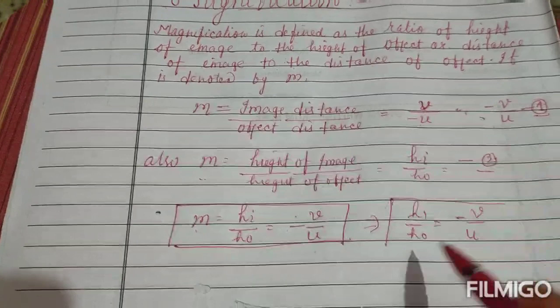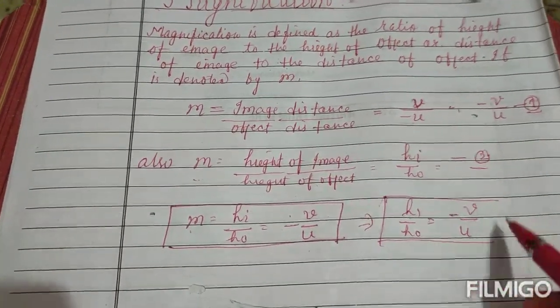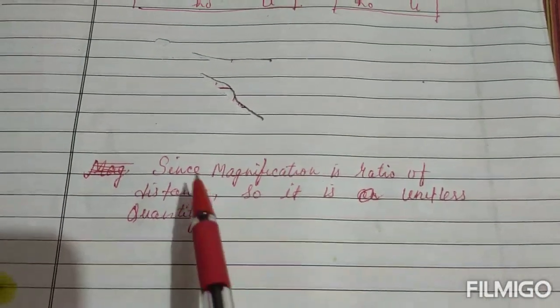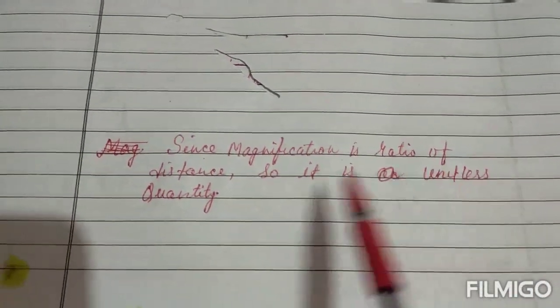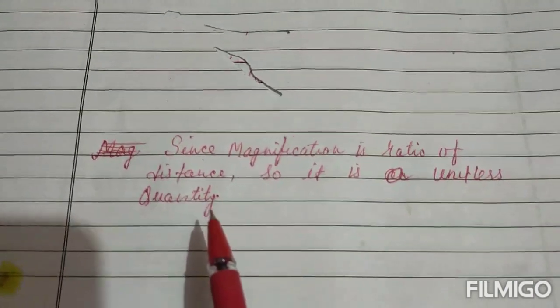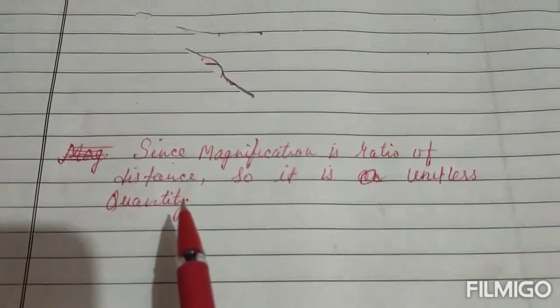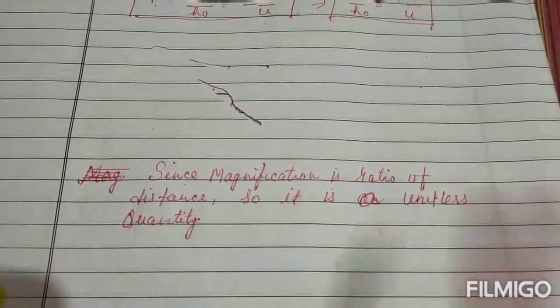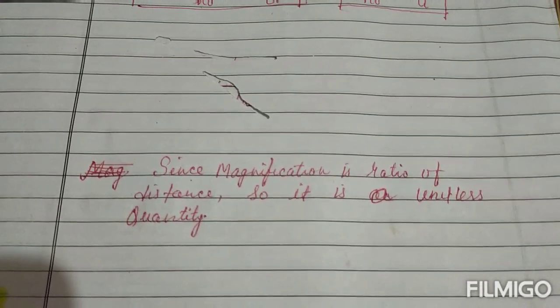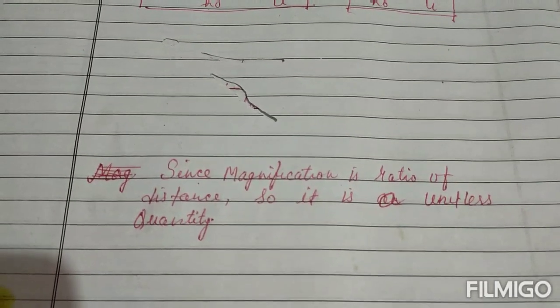This relation is very important for solving numericals. Now, since magnification is a ratio of distances, it is a unitless quantity. Sometimes a question comes, what is the unit of magnification? Magnification is a unitless quantity. You must remember this. Now we will see uses of spherical mirrors.